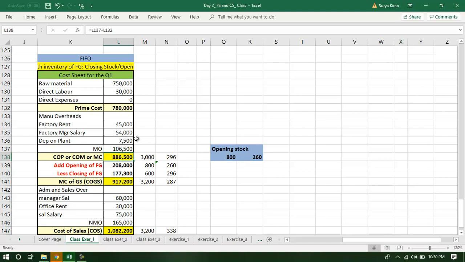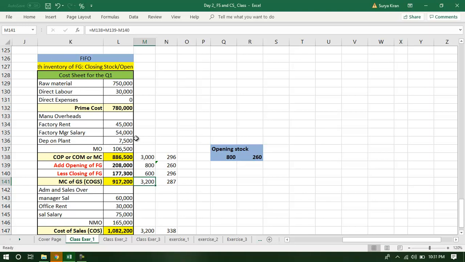But unlike the previous one, here we have both opening stock and closing stock. So if the opening stock is 800, and the closing stock is 600, assuming that is given, then add opening stock, less closing stock.